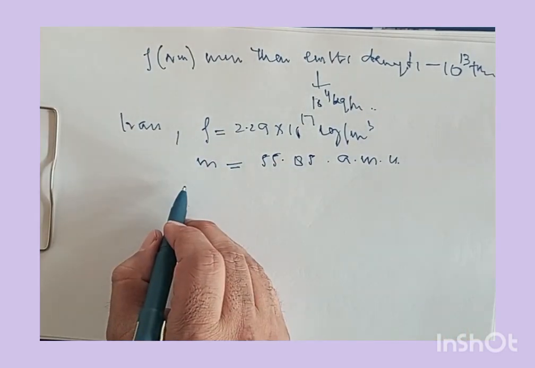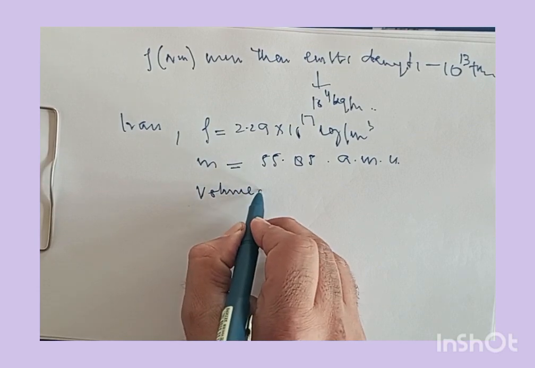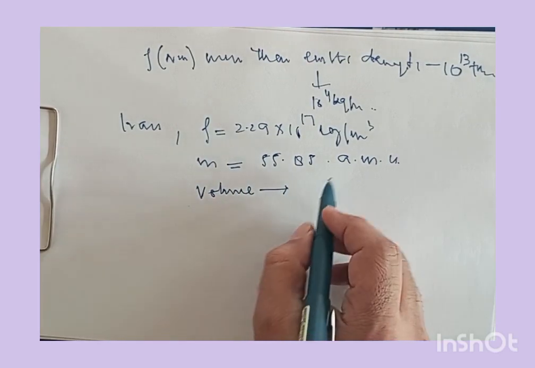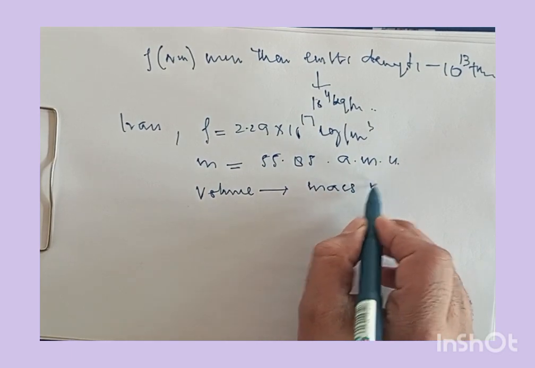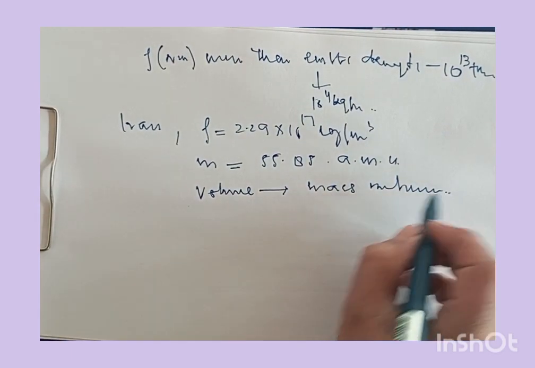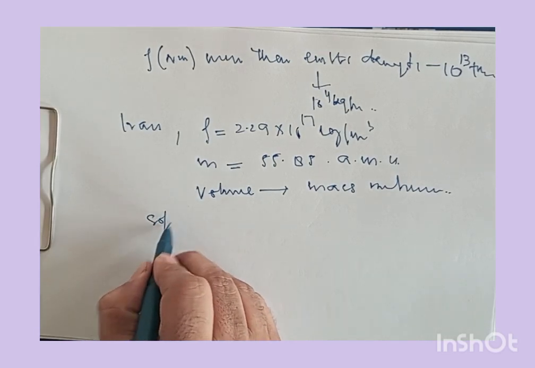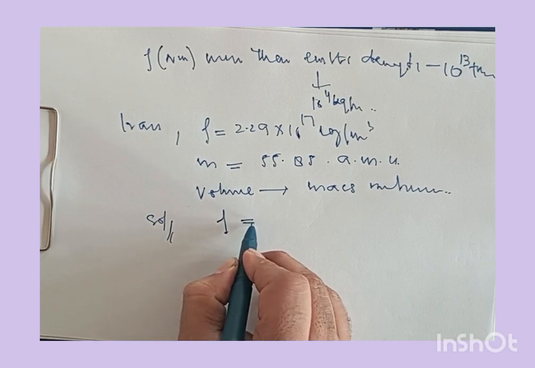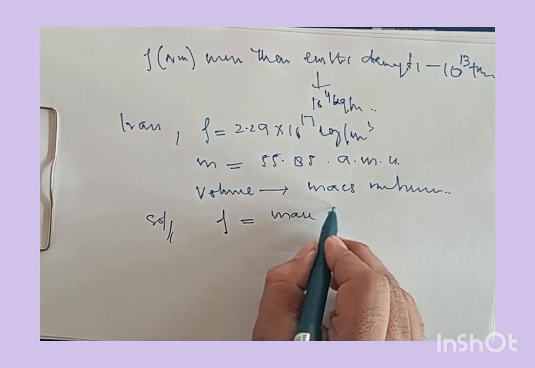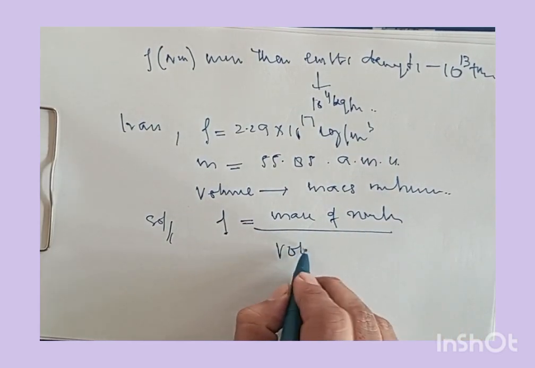What I'm trying to calculate is the volume of this nucleus, and hence the mass number. These are the two things that I want to calculate. So I have the density of the nucleus, which can be written as mass of nucleus divided by volume of nucleus.